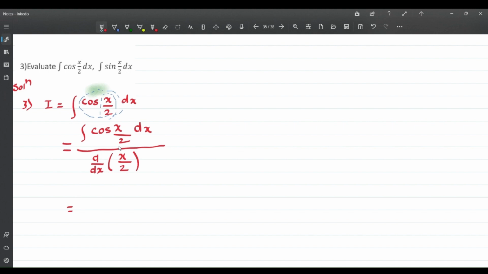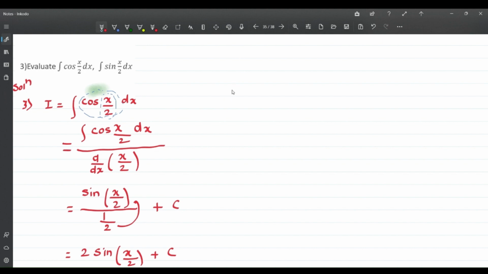So the integration of cos x by 2 is sin x by 2, divided by the derivative of x by 2. The derivative of x with respect to x is 1, divided by 2, plus c. This divide by 2 becomes multiply by 2. 2 sine x by 2 plus c. This is your final answer.